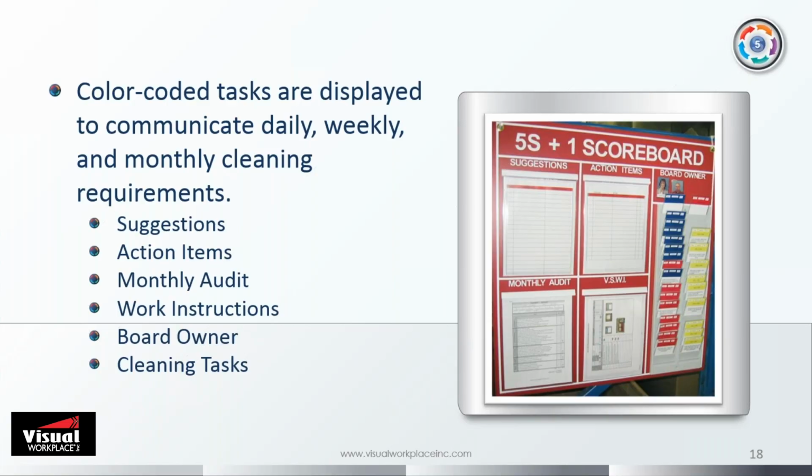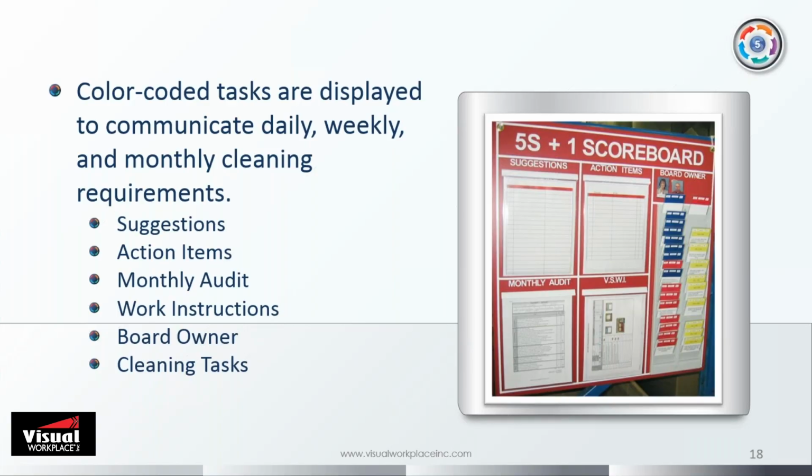There were tasks done daily, weekly, and monthly, and they were color-coded accordingly. As the tasks were completed, the card was flipped over, and at the end of that period, the cards are flipped back. So at any time, a supervisor, an operations manager, team lead, or team members can always see where they were as far as complying with their cleanliness standards.